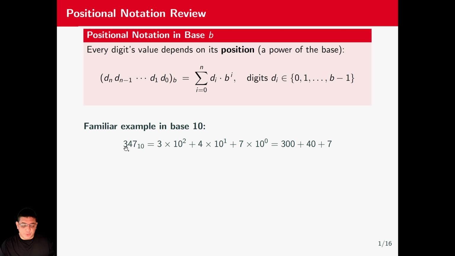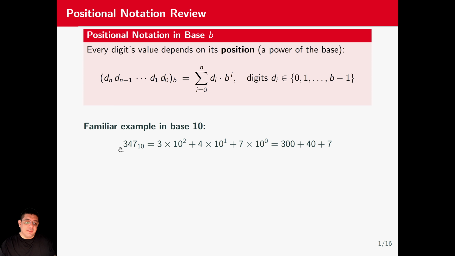Well, we have 3 in the hundreds, so we multiply 3 by 10 to the 2, which is 100. Then 4 is in the tens, so we multiply 4 by 10 to the 1. And finally, we have 7, and 7 is the units, so we're going to go with 10 to the 0.